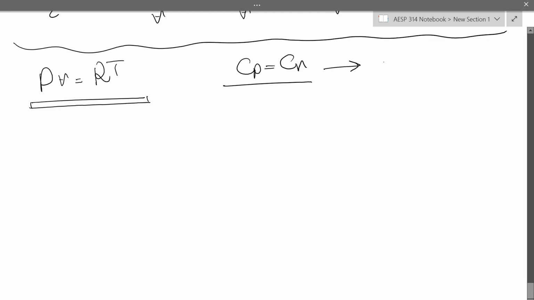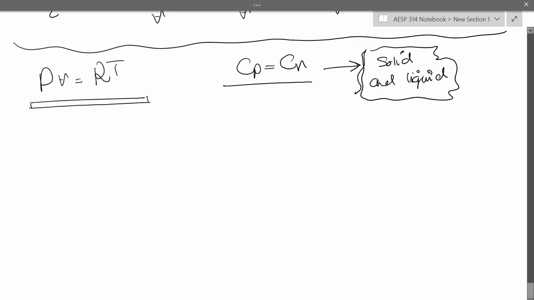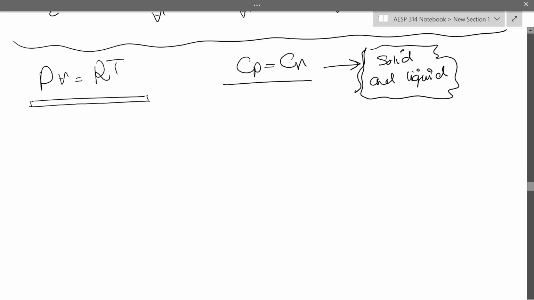That was for a solid and liquid. But it is not true for an ideal gas though, right? Because no matter how much we assume its compressibility is 1, a gas is not going to be incompressible, right? So we need to come up with a different model.